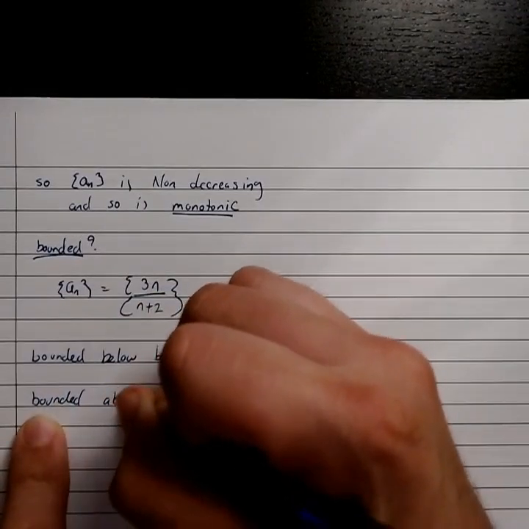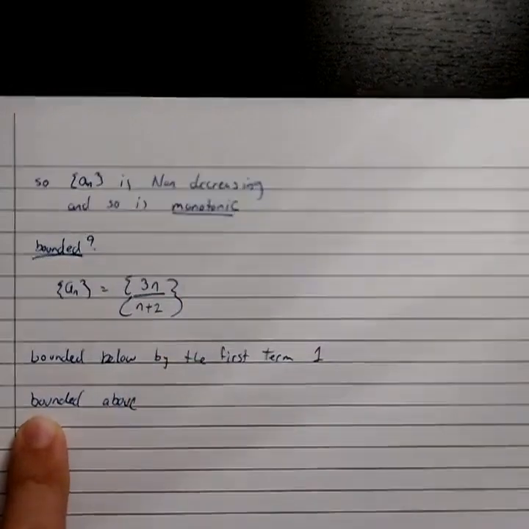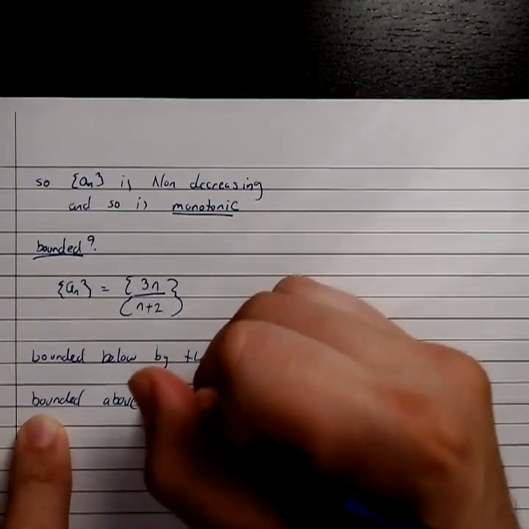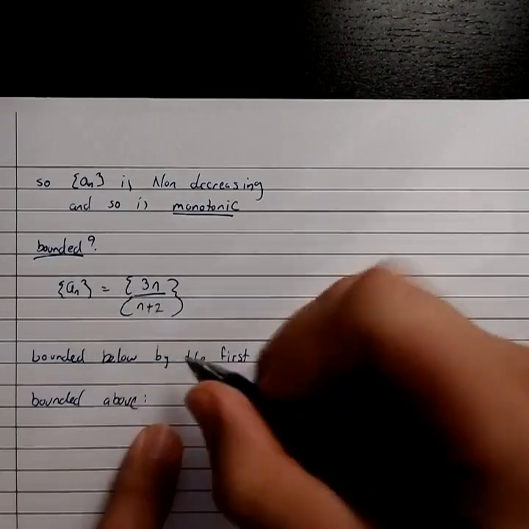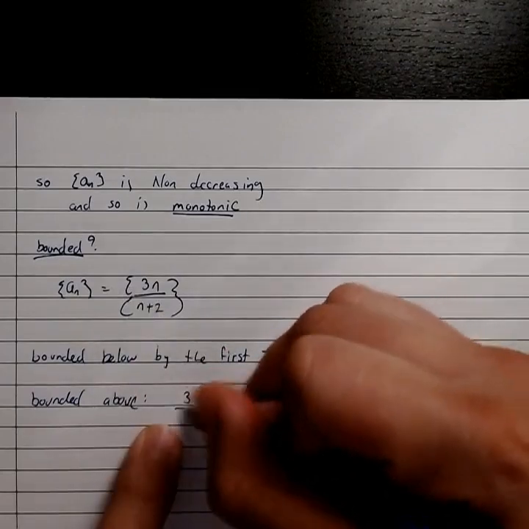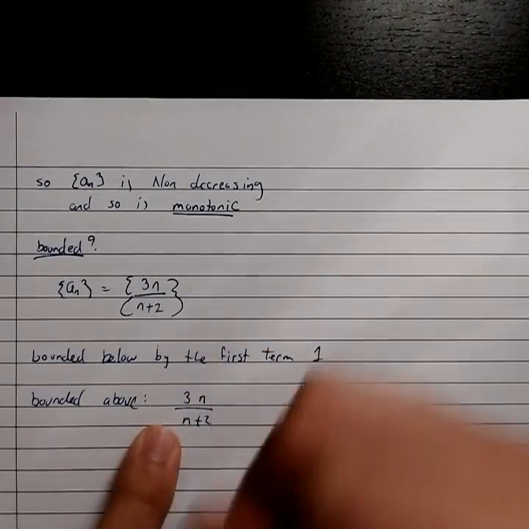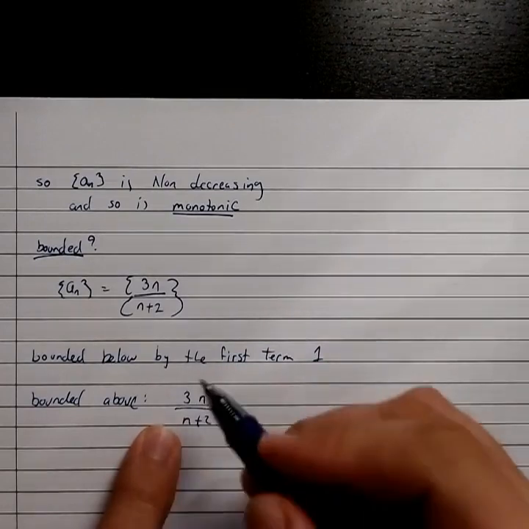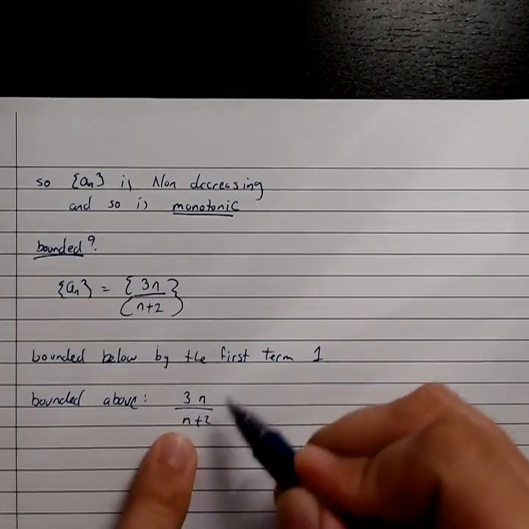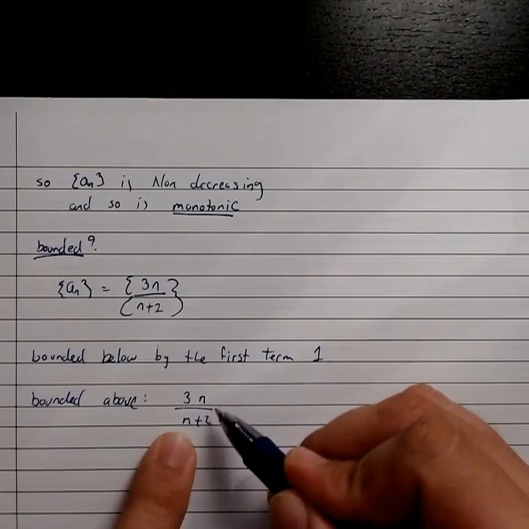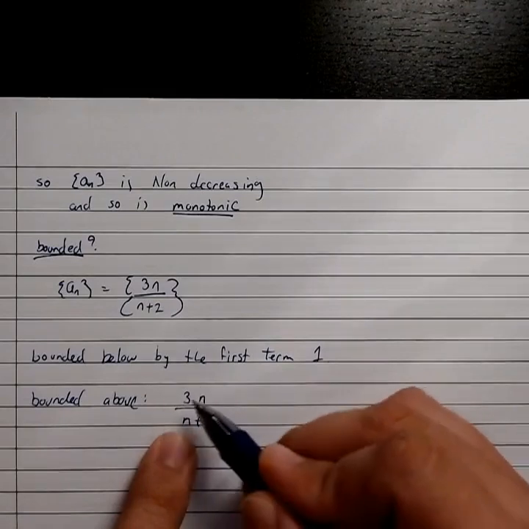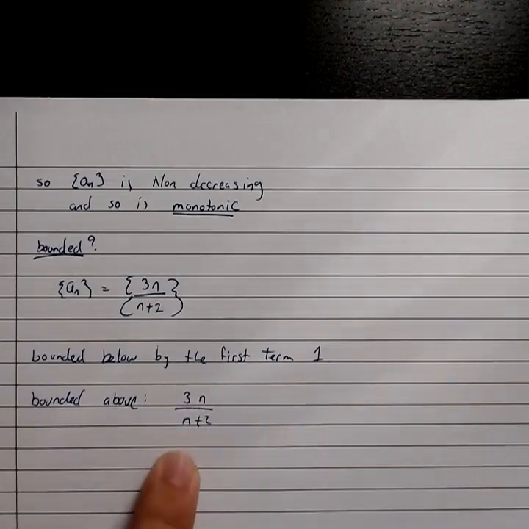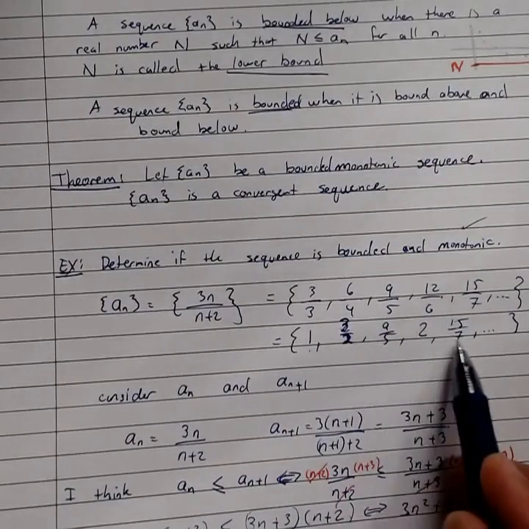It's bounded above. Well, let's see. This 3n over n plus 2, it's a number. Here, because it's a number, I can manipulate it. All right? It doesn't have to be a whole number. Notice right here, n has to be a whole number, but the number itself can be any real number.